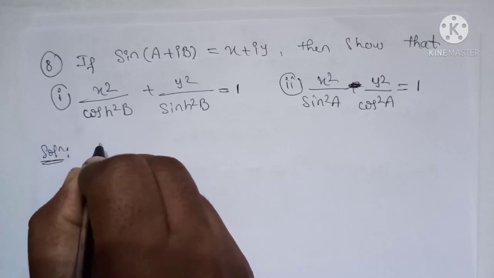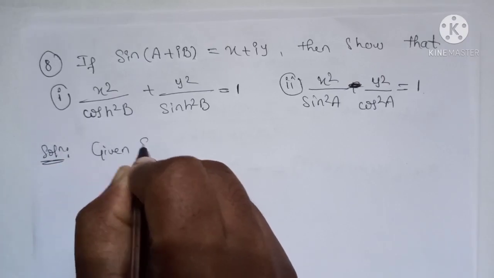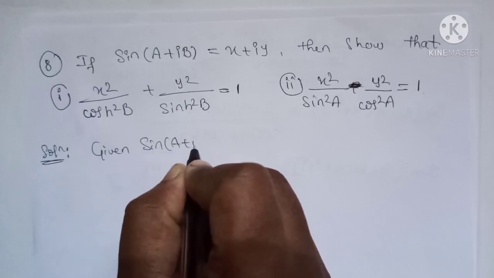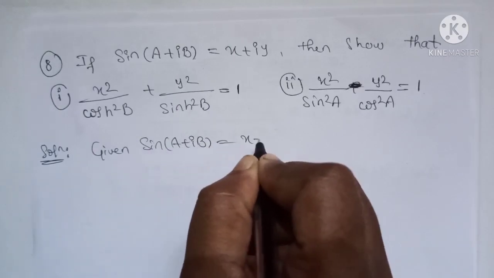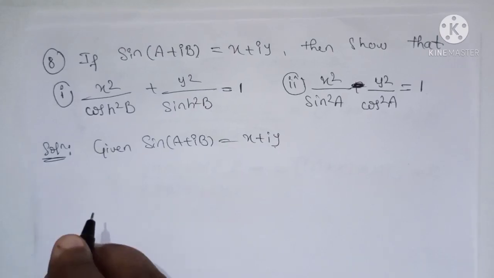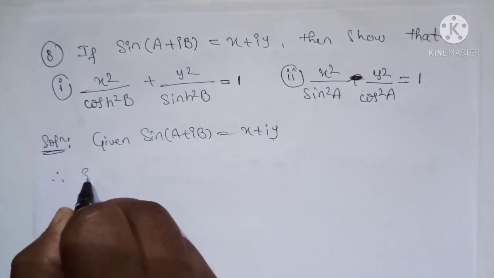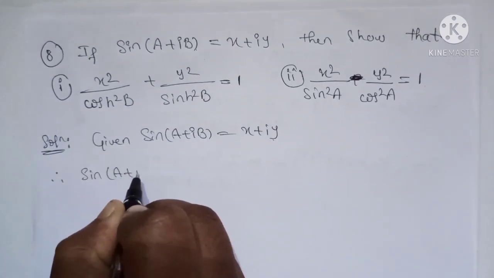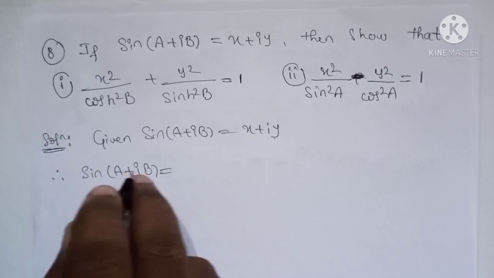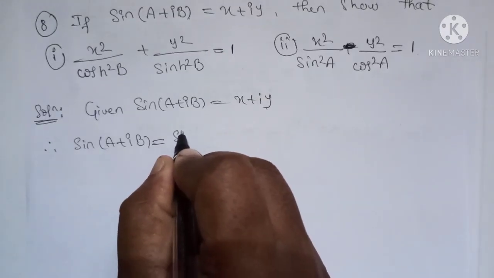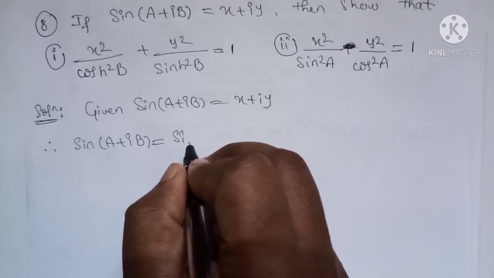Solution. Given that sin of a plus ib equals x plus iy. We can write sin of a plus ib, separating real and imaginary parts, by using the a plus b formula.